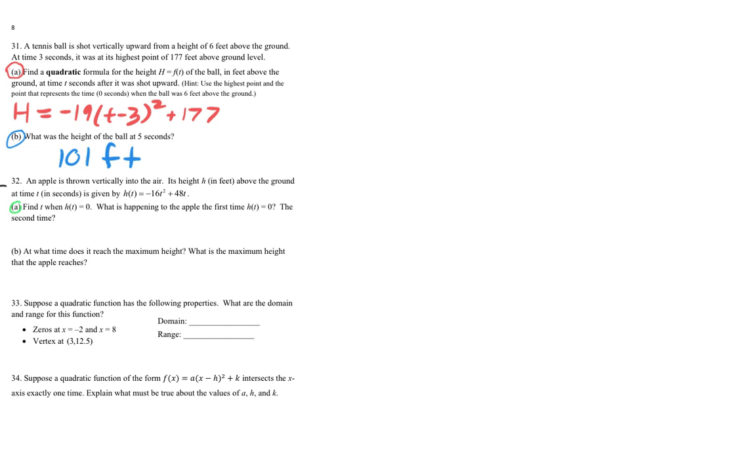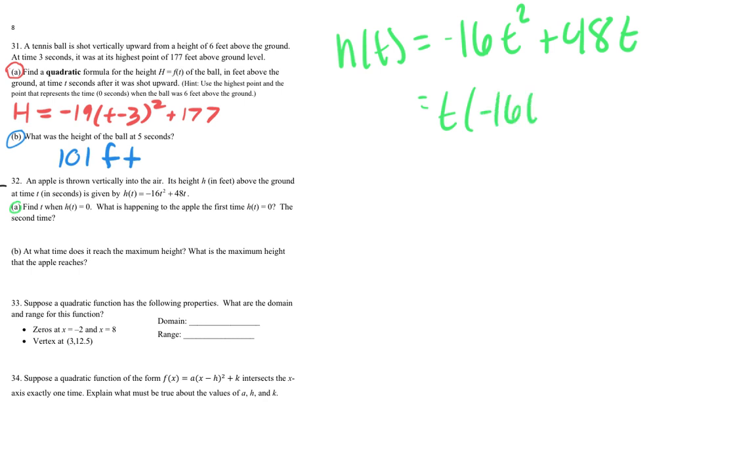So step 1, we're going to find t when h of t is equal to 0. We have our function h of t equals negative 16t squared plus 48t. Immediately I'm thinking, let's factor out this t. We factor out t, and we're left with t times (negative 16t plus 48). Now through the zero product property, either t can be 0 or negative 16t plus 48 can be 0.